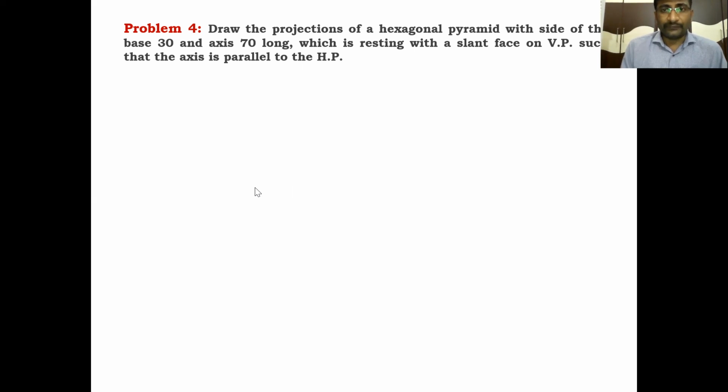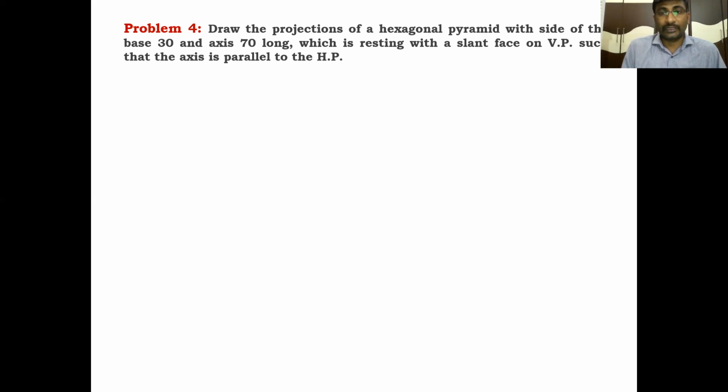Clear? Where should we draw the front view? The front view is always above the XY line. As we know, from the starting onwards, the front view is above XY. The top view is below XY when the solid is in the first quadrant. We are following first angle projection from the plane chapter onwards.